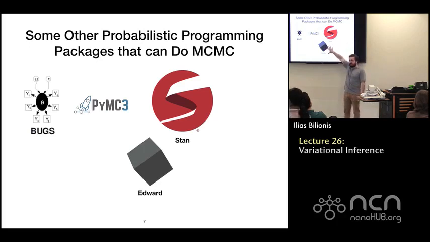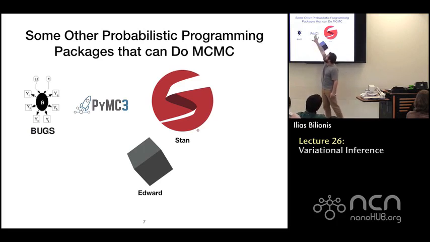Edward is a Python package that pretty much does what PyMC3 does, but it uses TensorFlow, which is a Google package for symbolic calculations. So PyMC3 uses Theano for symbolic calculations, and this uses TensorFlow.